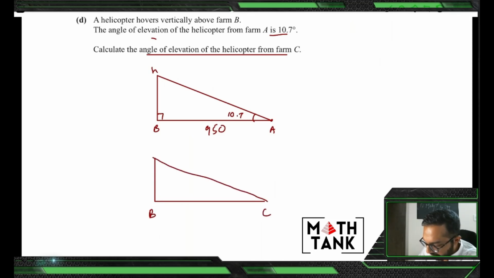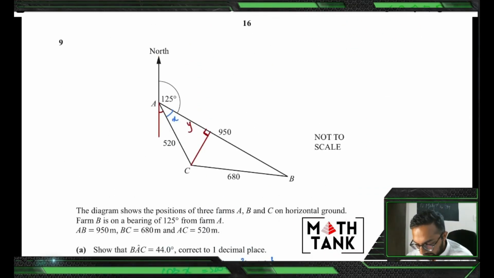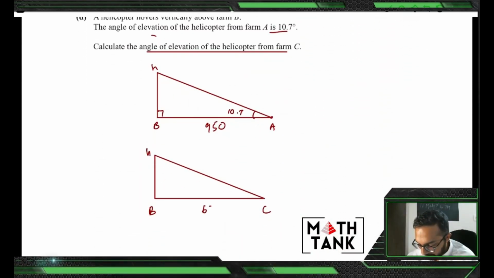B and C are also connected, and that's a distance of 680 meters. The angle of elevation is something that you want to find. But in order to find this angle of elevation, I must have the side Y. Let's call that Y. So how am I going to find that?